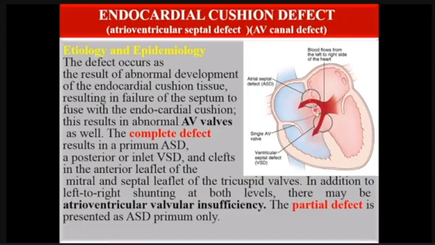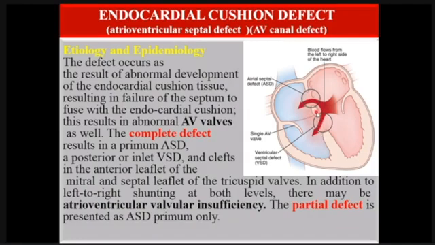If the septum primum and the inlet interventricular septum are involved, this is called complete endocardial cushion defect, or complete AV canal, or atrioventricular septal defect. So partial is only septum primum, ASD primum, and complete is ASD primum plus inlet VSD.